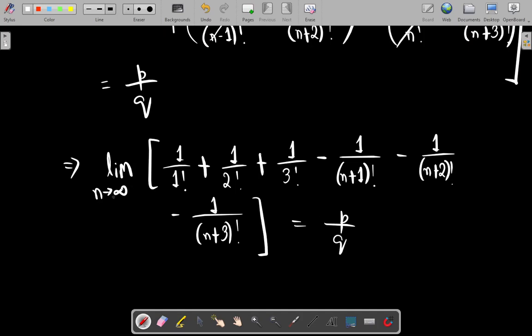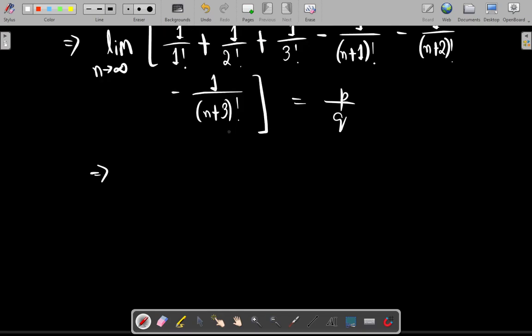If I take the limiting value as n tends to infinity, these three terms will become 0, since they are in the denominator, and if the denominator goes to infinity, the fraction goes to 0. So the first three constant terms will be left. This becomes 1, this becomes half, and this becomes 1 upon 6.